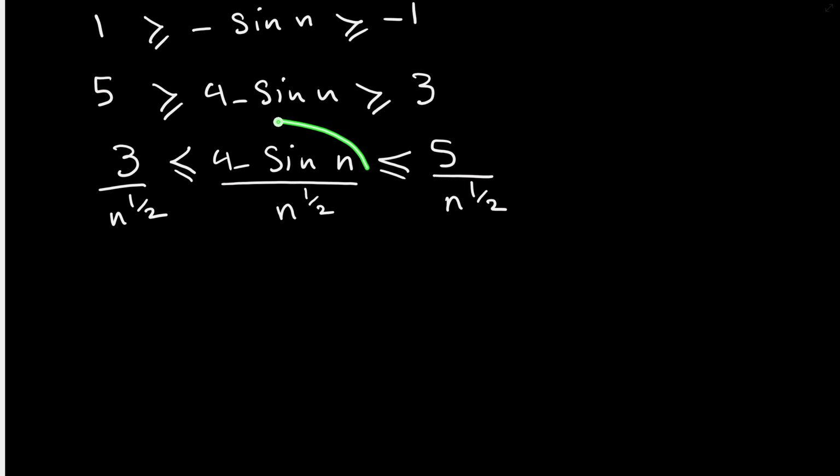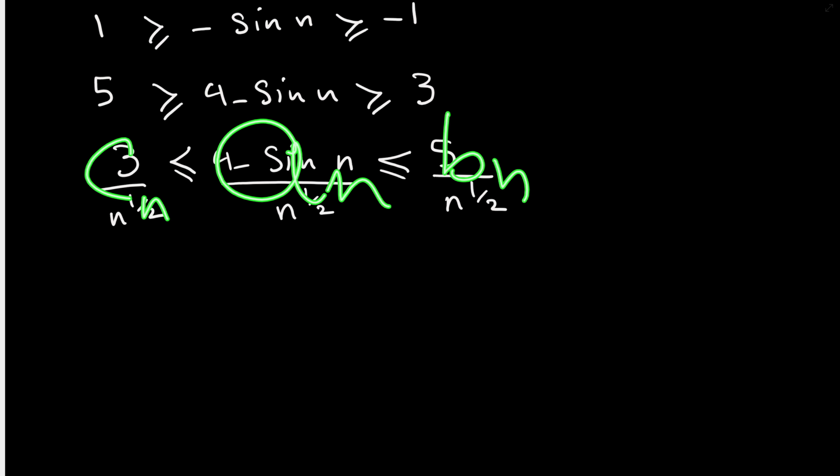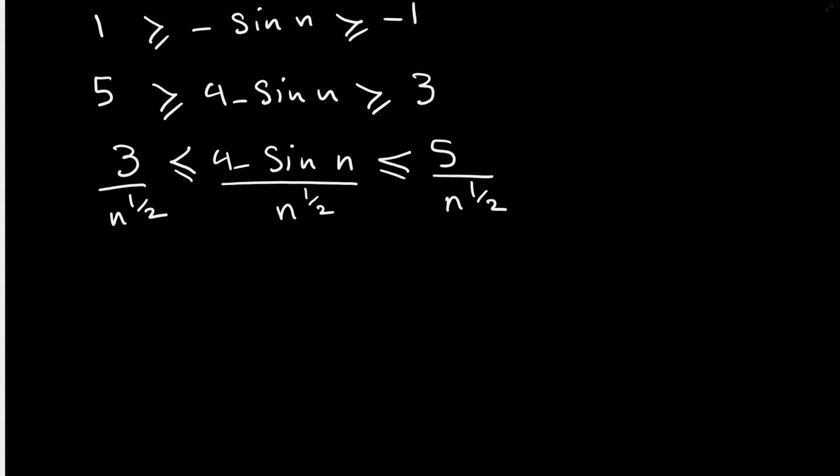And now this is the given, and I can compare it with 5 over n to power 1 half, or 3 over n to power 1 half. Okay, this is an, bn, and cn. What do we know about these two sequences?